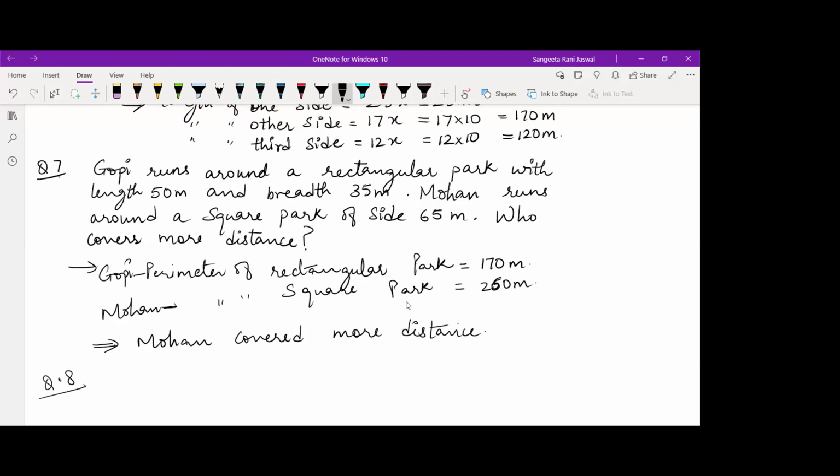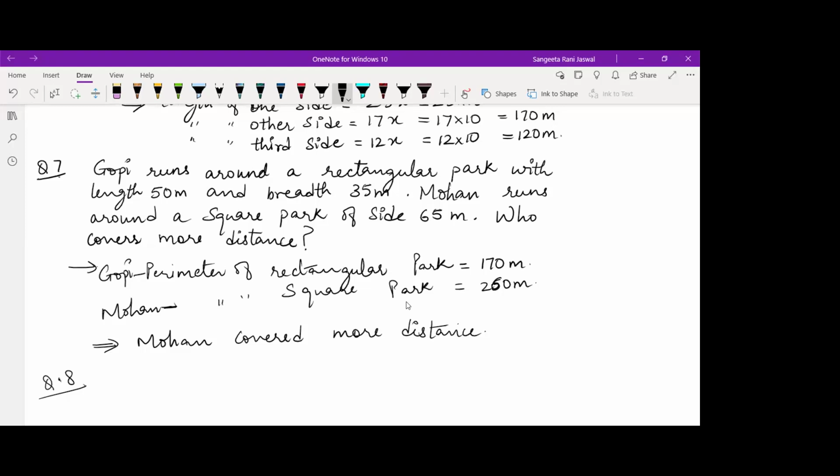Okay, children, see here, all these questions we are doing are perimeter based. Similarly, we have area also: area of a rectangle, area of a square. We'll come to that part also. There we have to just apply the area formula. I think you must be knowing what is the area of a rectangle.